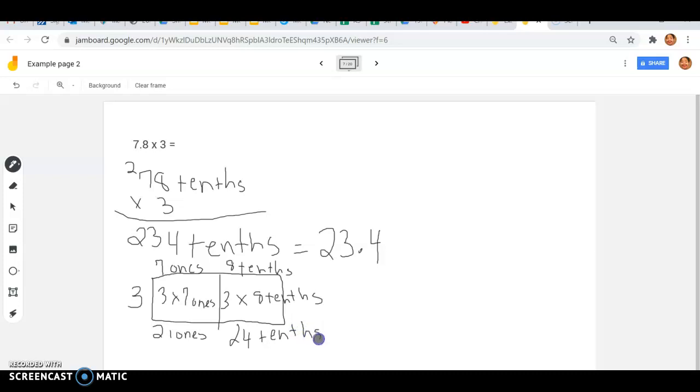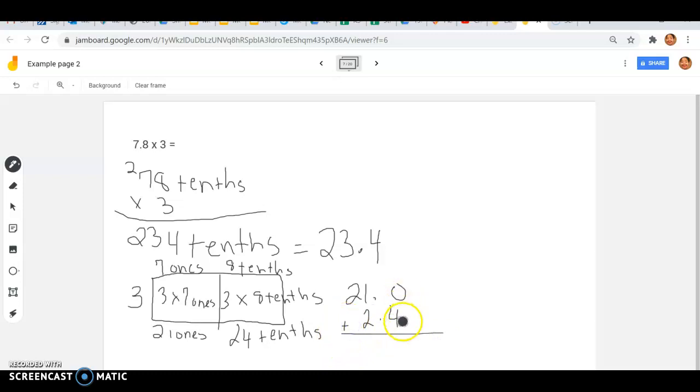And then we know that the last step when we're working our area model is to then add. So we have 21 ones. We're going to write it in standard form. And then we have 24 tenths, which is written as 2 and 4 tenths in our standard form. We can also write a place value for our 21 ones and we're going to add them together.